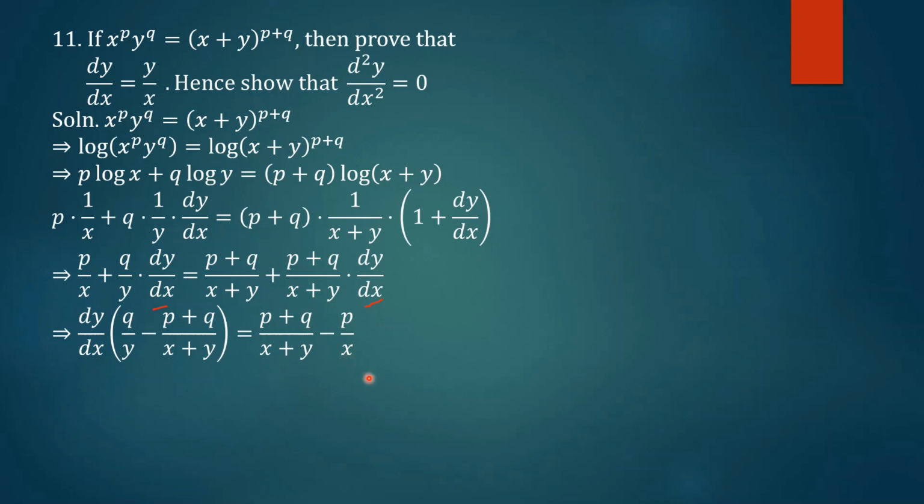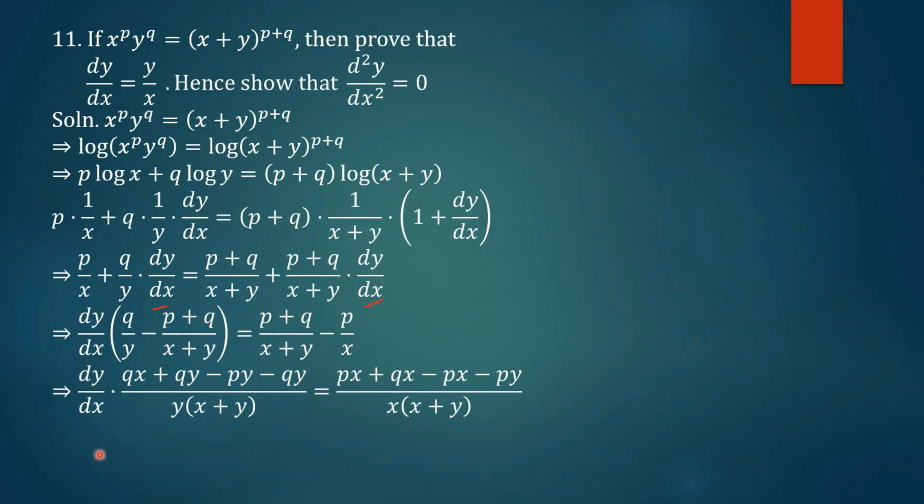I think you could understand here. Now just taking LCM, for dy/dx the LCM is y into (x plus y), y is cancelled here, then q into this term, so qx plus qy, then minus, x plus y is cancelled, so y into (p plus q), so minus py minus qy.